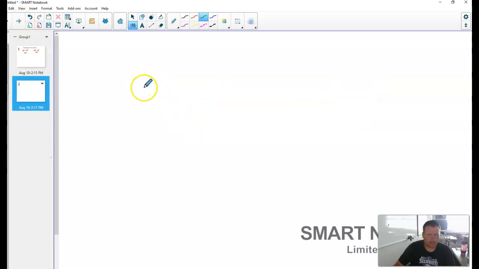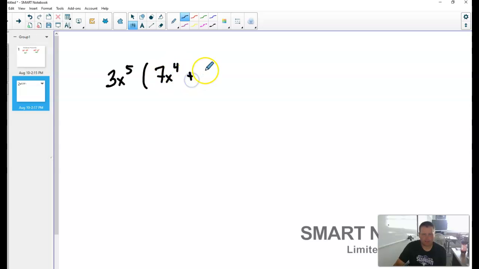Next, if I want to take a monomial, let's say 3x to the 5th, and multiply that to something more than just a monomial, let's say a binomial, 7x to the 4th plus 8x to the 2nd.